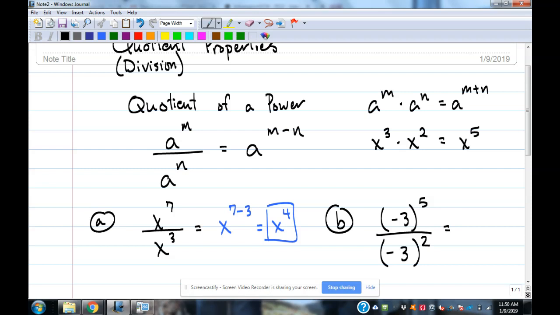So that allows us to do that quotient rule, which is do what with the exponents? Subtract 5 minus 2. So that'd be -3 to the 5 minus 2, 3. -3 to the third power. Okay. And we're just leaving it in exponential notation instead of standard right now.